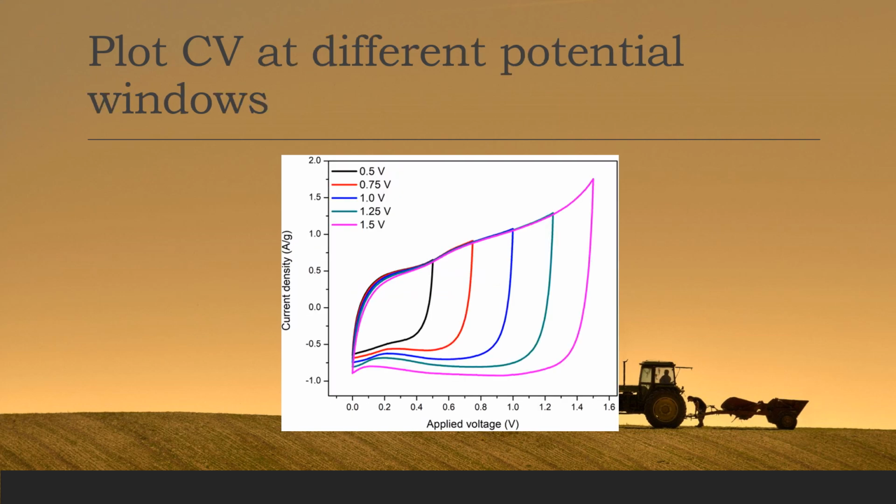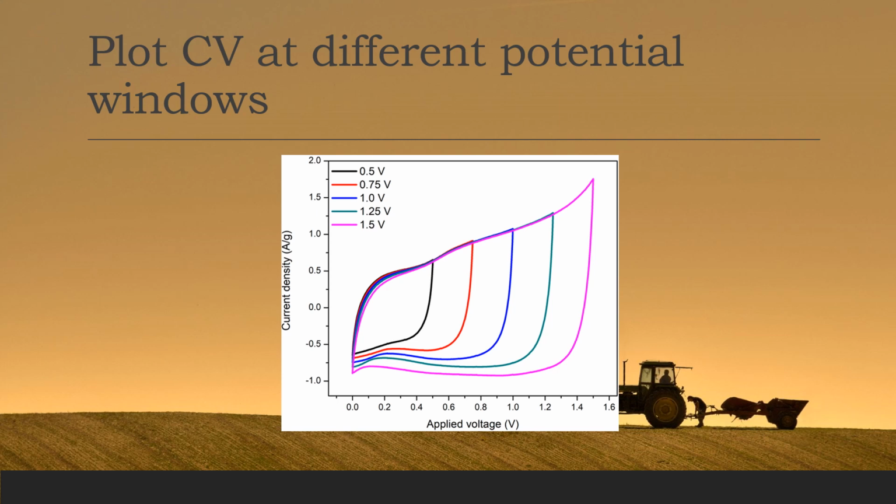Number two is that you can plot cyclic voltammetry at different potential windows. At different potential windows, you can choose whatever scan rate you want, for example, 5 millivolt per second or 50 millivolt per second. Here we want to double confirm the capability of our device to achieve the maximum potential window.